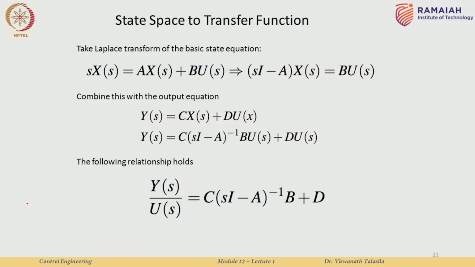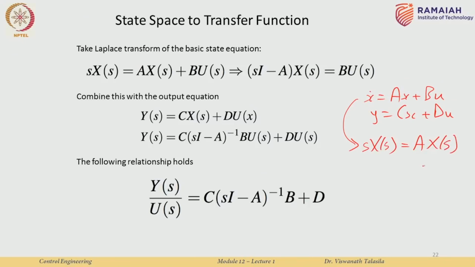Remember our basic equations were x dot equal to Ax plus Bu and y equal to Cx plus Du. This is the general form of the basic state space system. Now, when I convert this into the Laplace domain, d by dt is basically the s term in the Laplace domain. So, you get sX(s), and then you get AX(s).